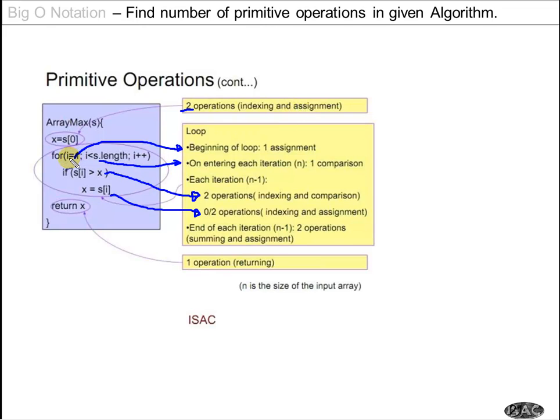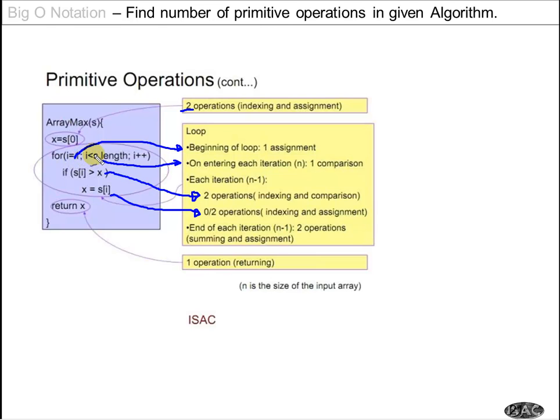In the for loop, we start with i equals 1, so there is one assignment operation, a primitive operation. Then we check i less than s.length, so there is one primitive operation, that is comparison. Remember, s.length is not a method, it is a variable.